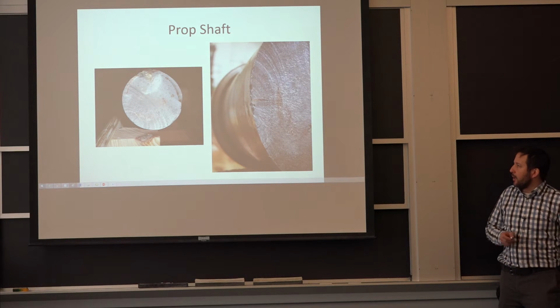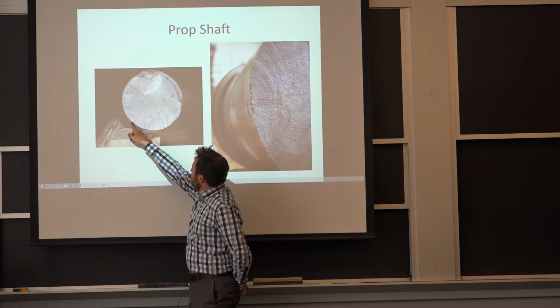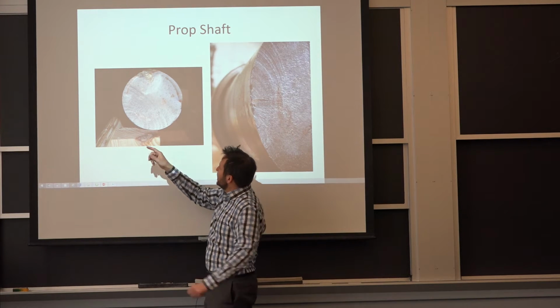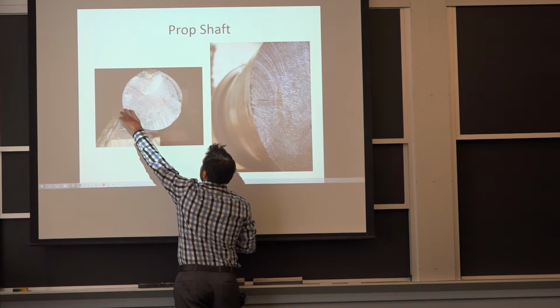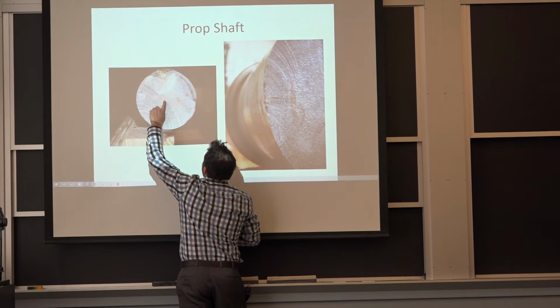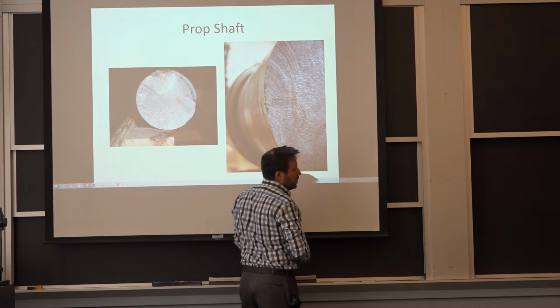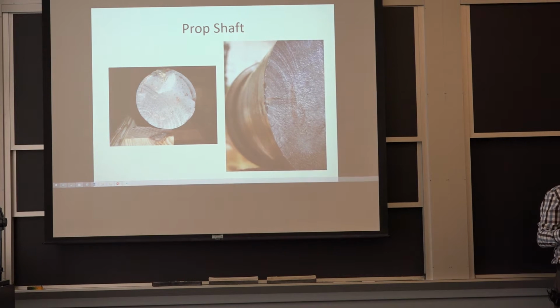Yes. So what happens here is you start at this very corner, and there's only one initiation site. This is another shaft, and you can still see these beach marks showing where the crack was at a certain point in time, and it grew all the way to about 40% across the section. And then it failed.